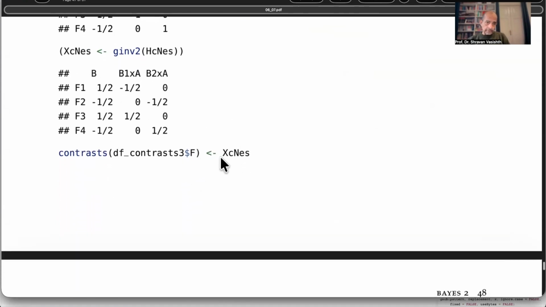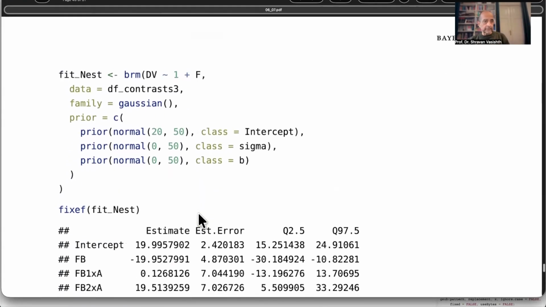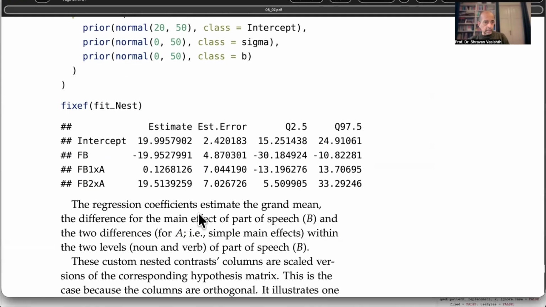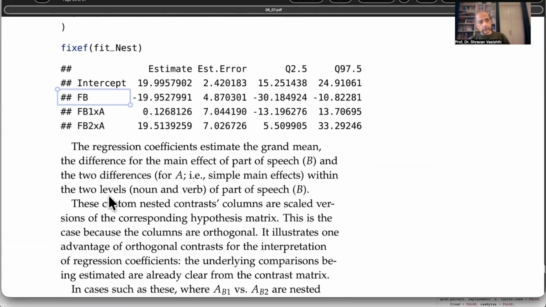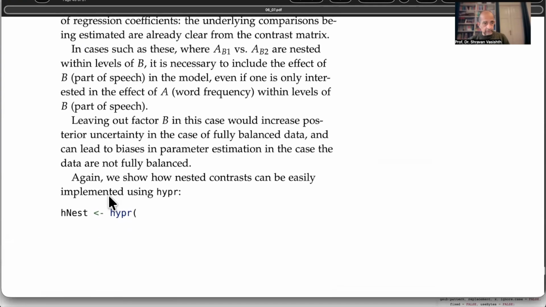Okay, so I plug in the inverted contrast matrix into the F column, and then once I fit the model, I get the main effect of B here, and then the effect of A inside B1, the effect of A inside B2, right? That's how you would deal with nested contrasts.